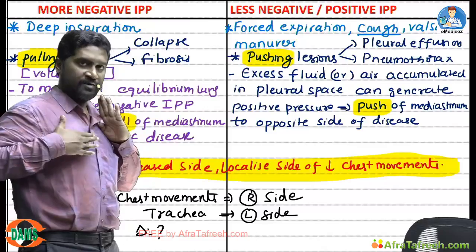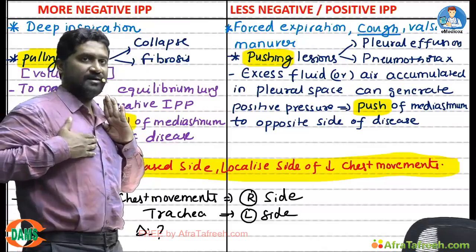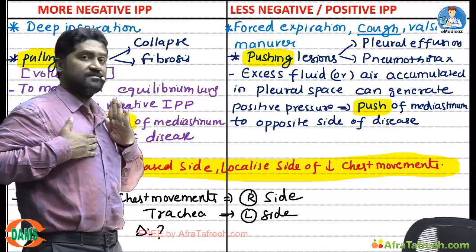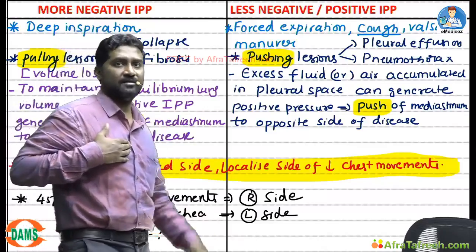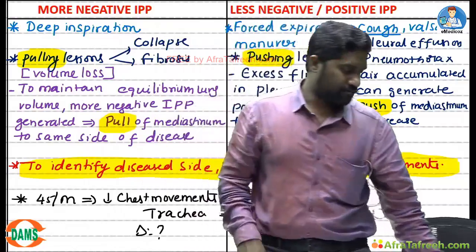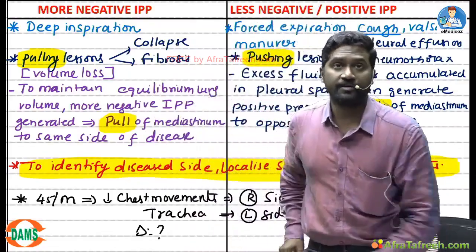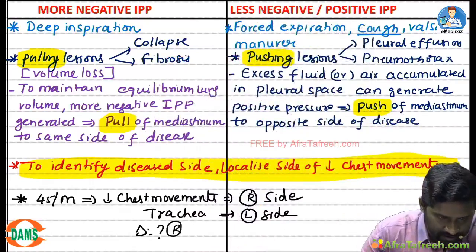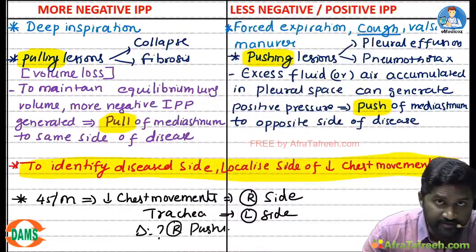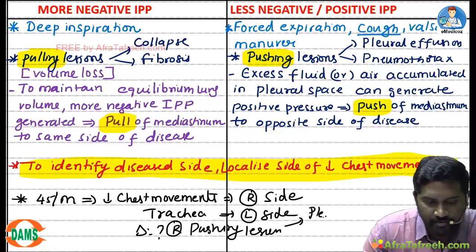So movements are decreased on the right, so it is a right sided disease. Whereas the trachea is towards the left, so it is a right pushing lesion. So it has to be either pleural effusion or pneumothorax.